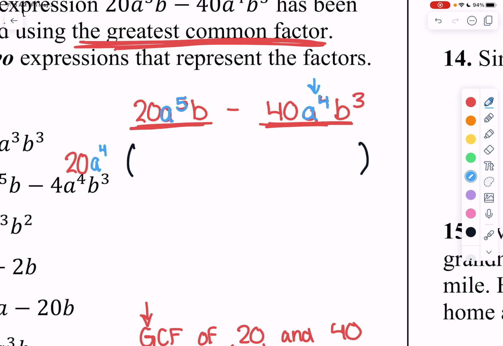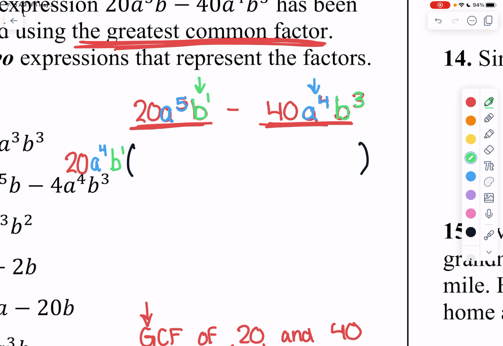So they have 4 a's in common, and then I look to my b's. So on the left, I have b to the power of 1, and on the right, I have b to the power of 3. How many b's do they have in common? They have 1 b in common. So b to the power of 1 would be part of my greatest common factor.